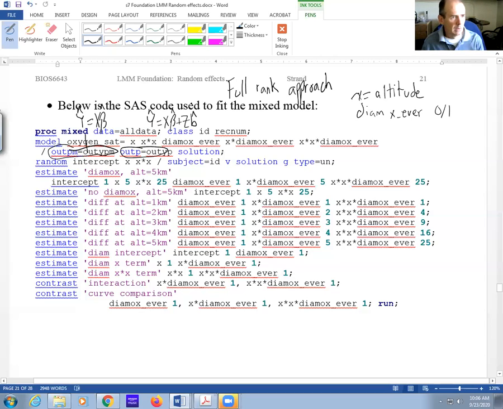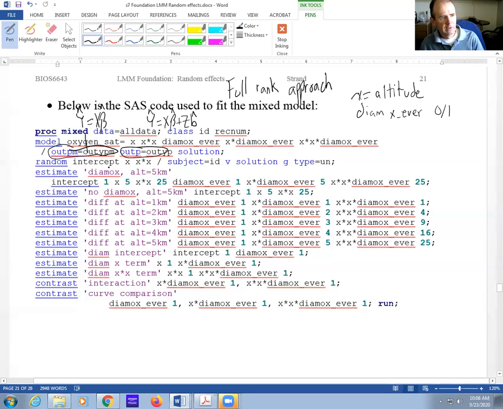Okay. And I did put solution in the model statement. That gives us the estimates of our fixed effects. And I put the solution in the random statement because I do want to see those t-tests. I want to see subjects, and if particular subjects were deviating from the population average significantly.